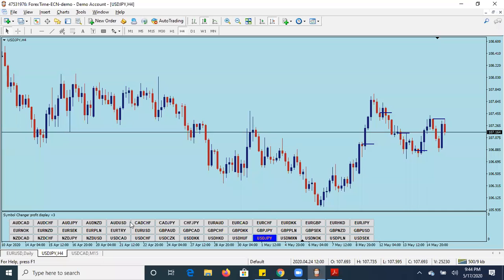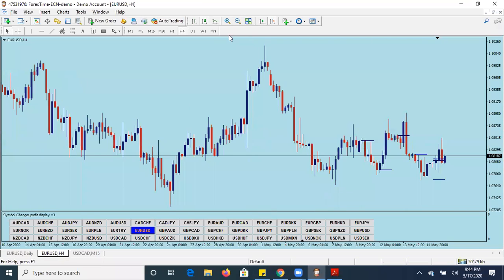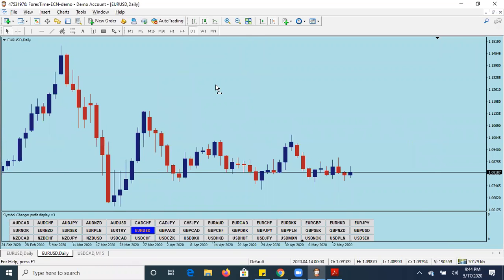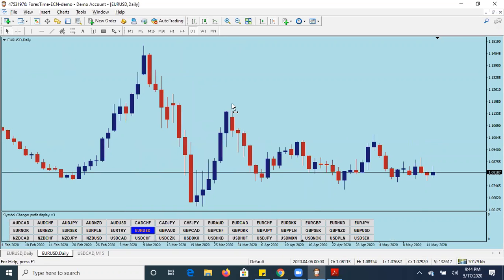Let's go to EU, Euro USD, and go back to the daily time frame. Let's consider this here and say this is our daily order block, for instance.